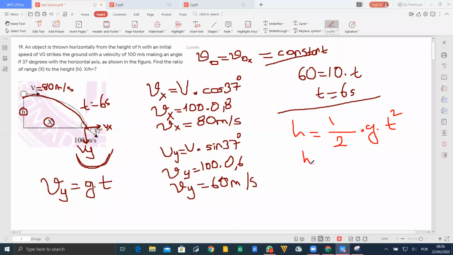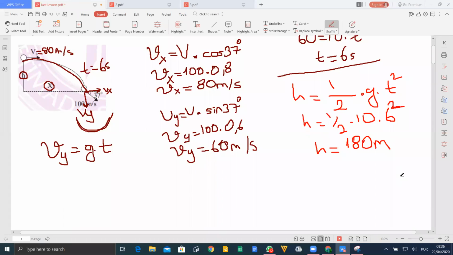So we can get h: 1 over 2 times g, which is 10, times time, which is 6, squared. When you multiply them, the answer will be 180 meters.